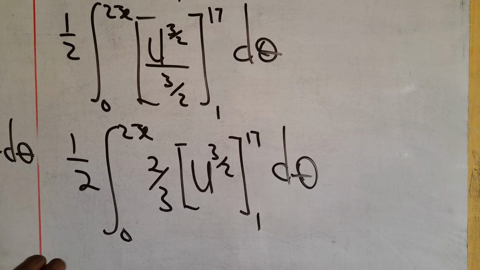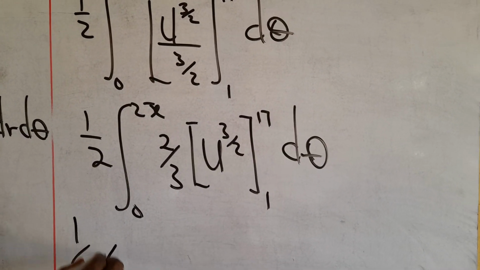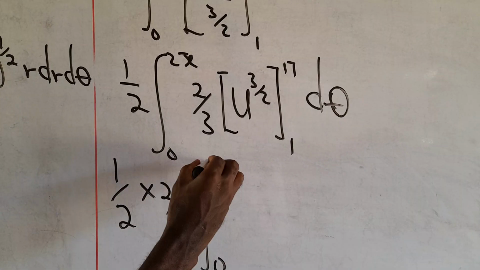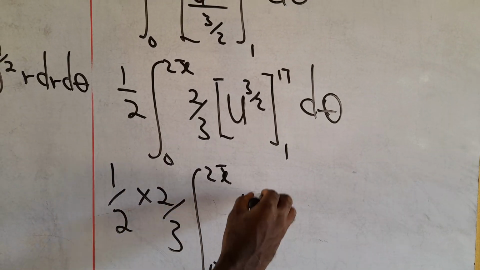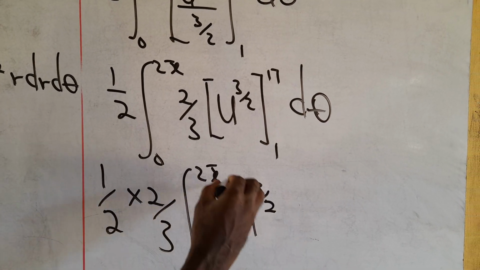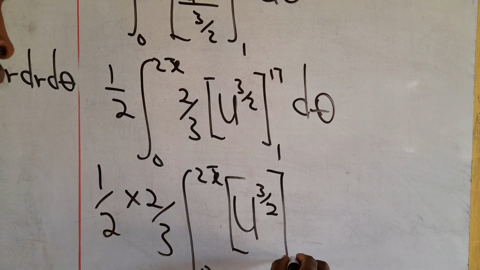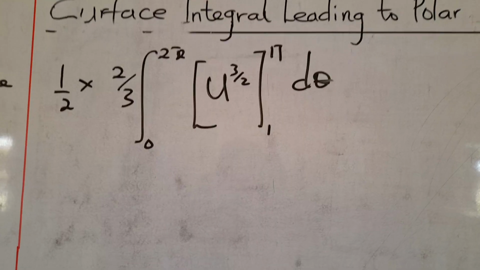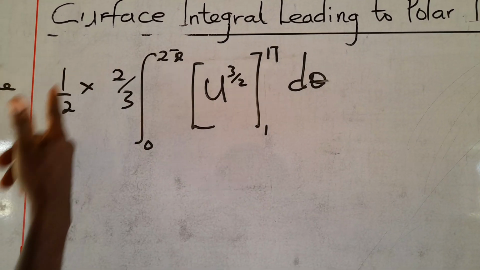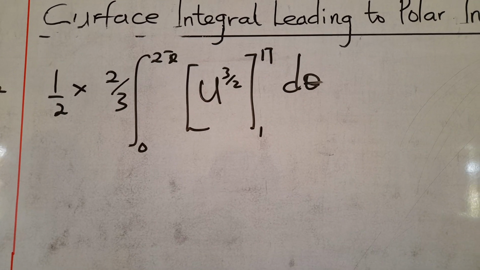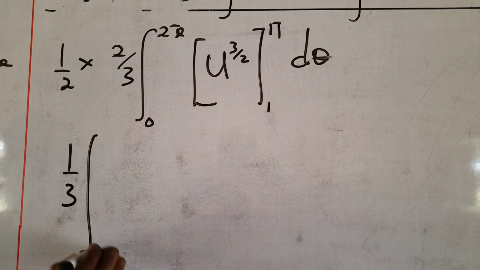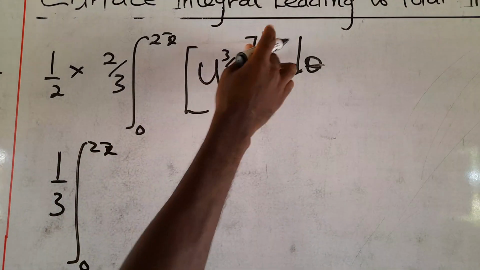Since this is constant, we can bring it out. So we have half times 2 over 3, integral spanning from 0 to 2 pi of u exponent 3 over 2, substituting from 1 to 17, d theta. I want to simplify this further. These two can divide out, and we'll be left with 1/3 outside. So 1/3 integral spanning from 0 to 2 pi. Then we can now substitute this.